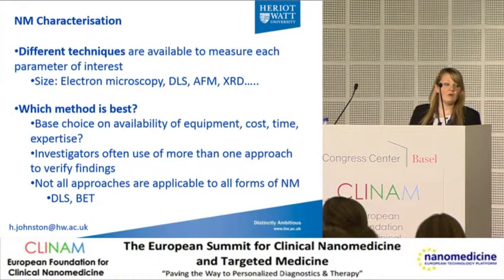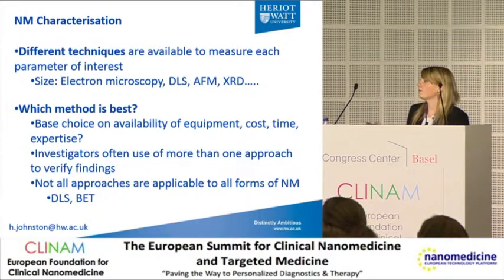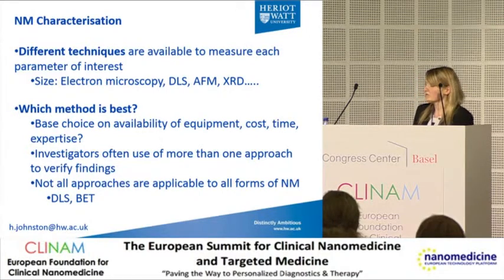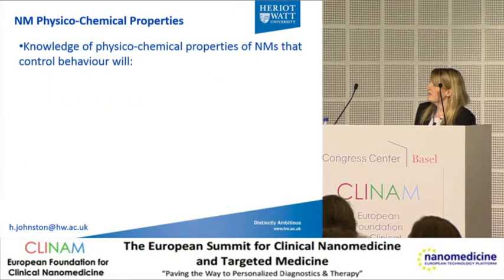And importantly, not all the approaches are applicable to all forms of nanomaterials. For example, DLS isn't really suited to carbon nanotubes, it's more suited to spherical structures, and BET, used to look at surface areas, is only applicable to powder. So we're limited in what we can do with some of these techniques.